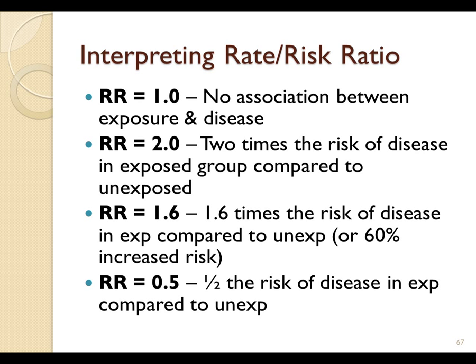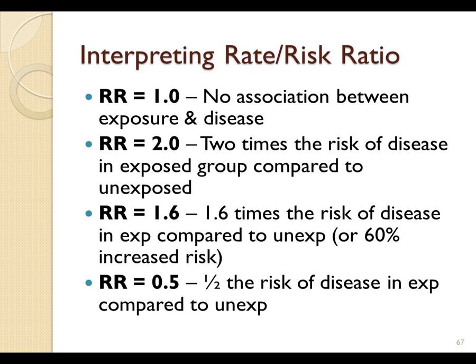So for example, a risk ratio of 1.6 indicates that there's 1.6 times the risk of disease in the exposed compared to the unexposed population. Or we could also say that there's a 60% increased risk of disease in the exposed population.